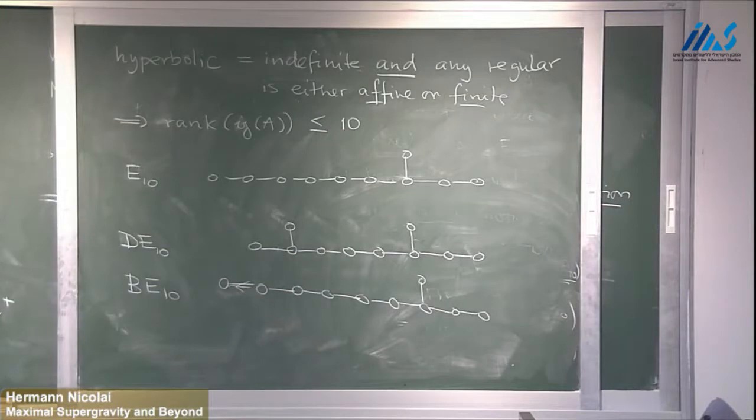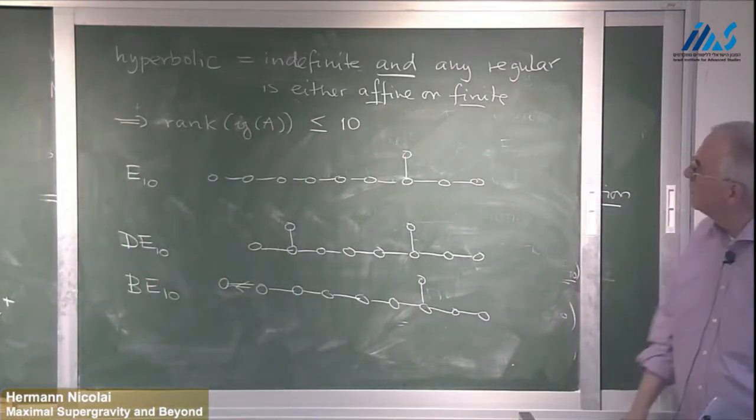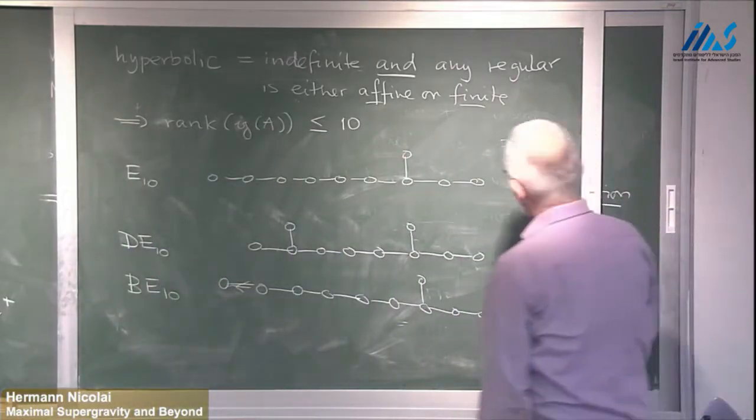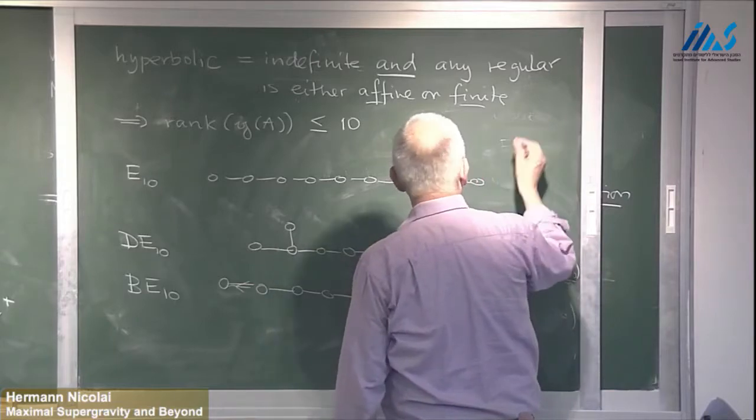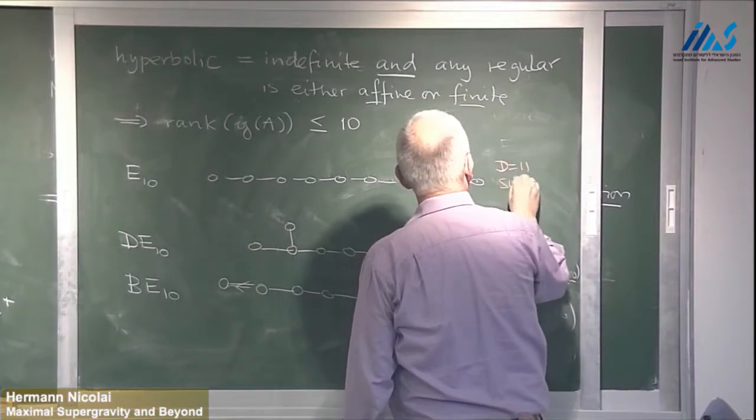You see, this is the amazing thing. There's this mathematical theory that comes, from the physicists' point of view, out of the blue. But it turns out that this is really related to M theory in some sense, or D equals 11 supergravity.